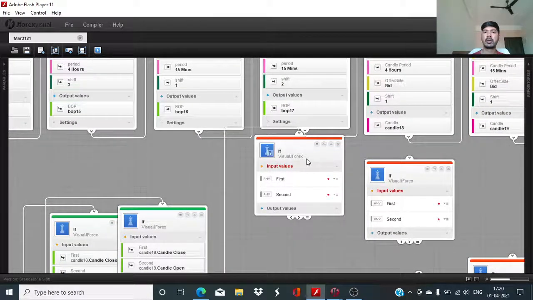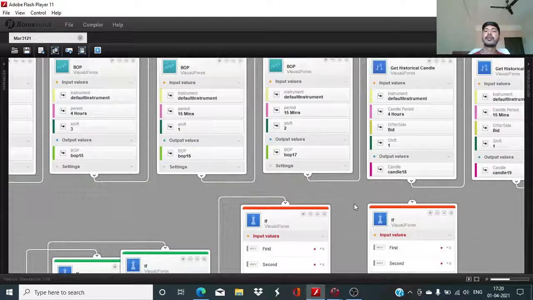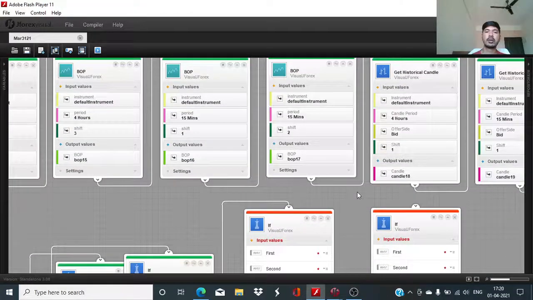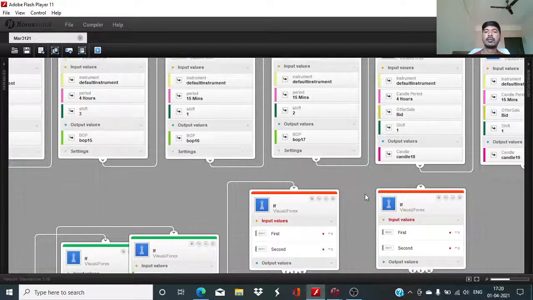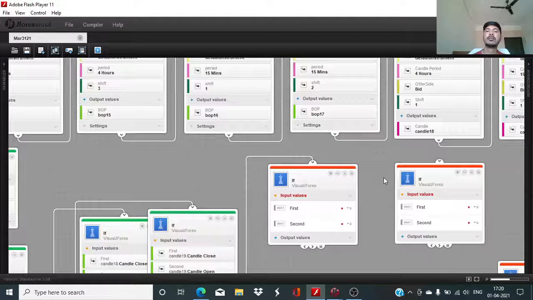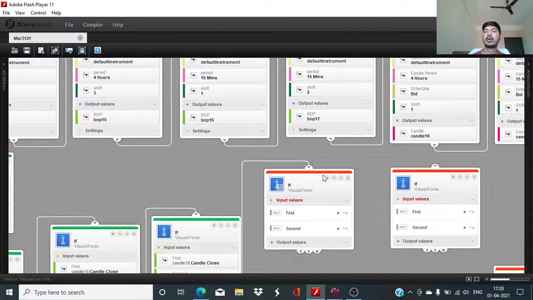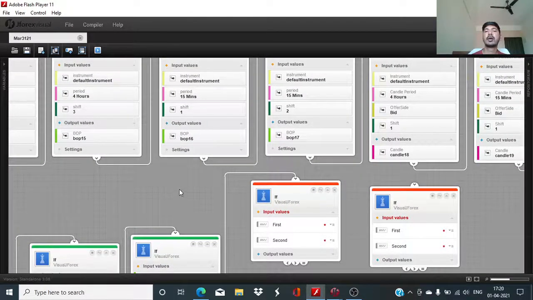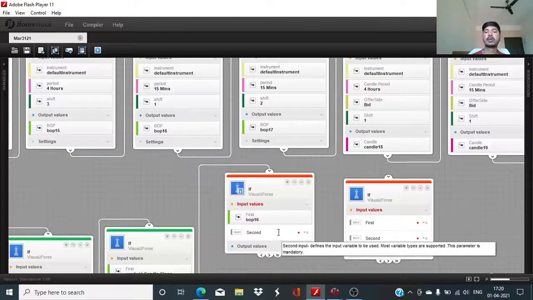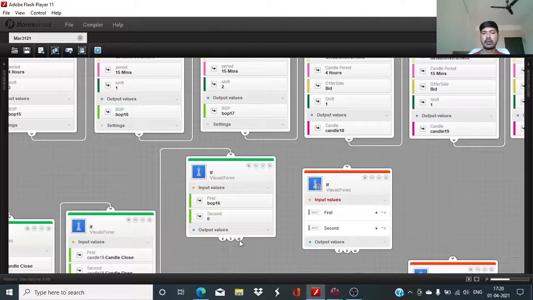So now VOP16 this should be above 0. First input greater than second input.